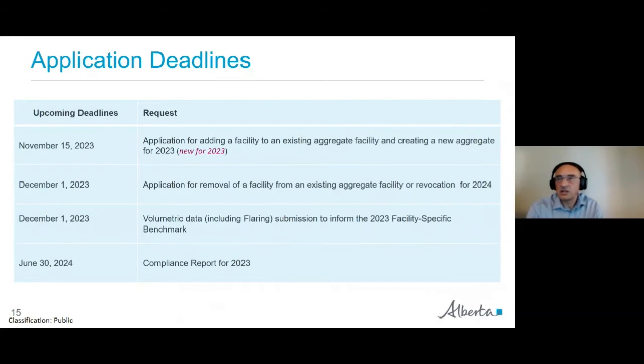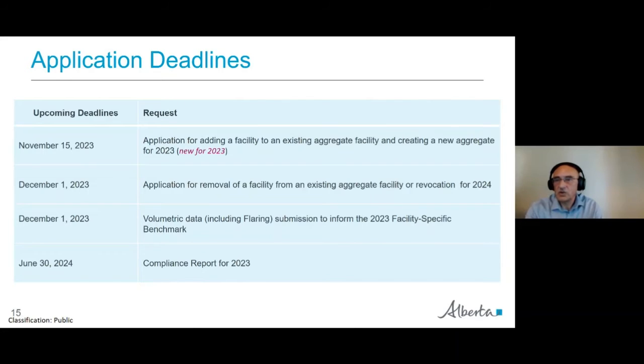The December 1 deadline has basically remained the same for the removal of a facility from the aggregate for the following year. So to remove a facility for 2024, that application has to reach us by December 1.